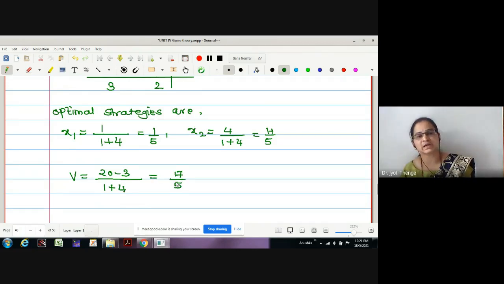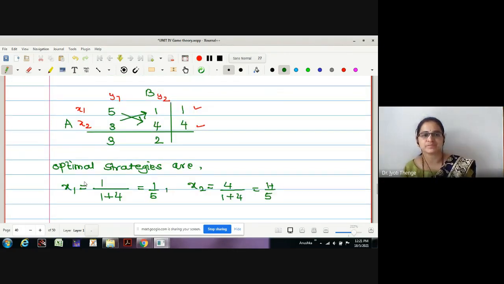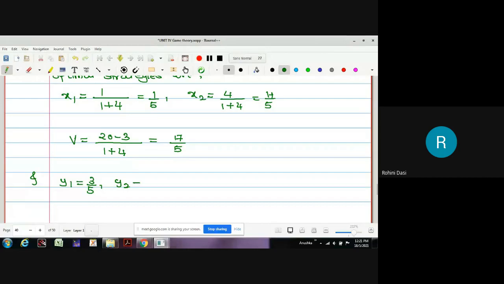This is with respect to player A. And one can find out with respect to player B as well. What is y1? Y1 will be 3 upon the addition of these, 3 by 5. What for y2? 2 by 5.